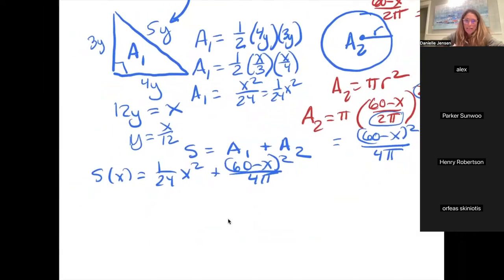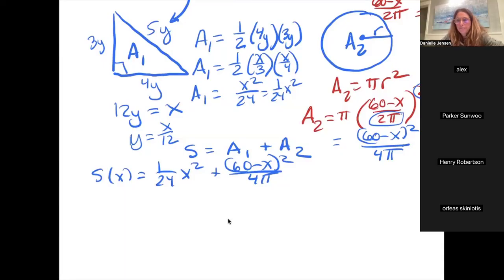Okay, so that's just A1 plus A2. First I want to make sure people are following that. Is that okay? Questions on how I got there? You do have to know a little basic geometry, right triangle and how to find the area, but I feel like you guys do. Yeah.